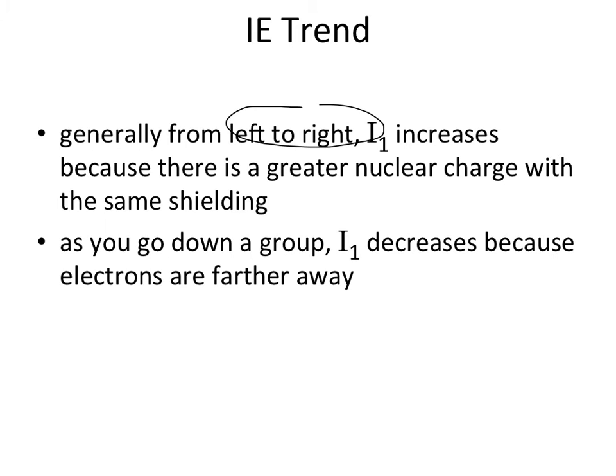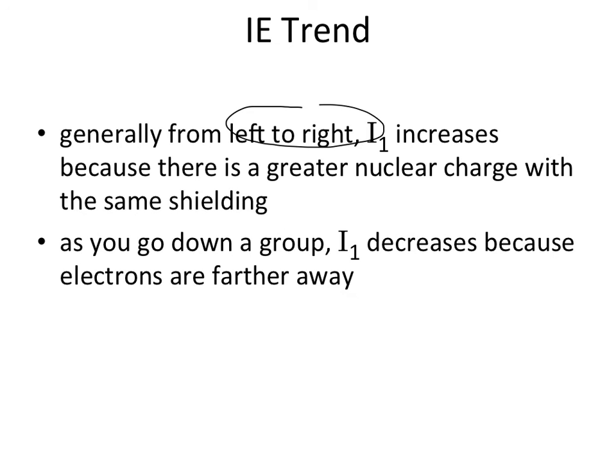The reason why is because as we go from left to right, we have more and more protons being added to that atom, or to each atom. So the number of protons increases from left to right. As we increase those number of protons, the electrons that are also being added are being added into a shell that does not really contribute much to the shielding of the nuclear charge.